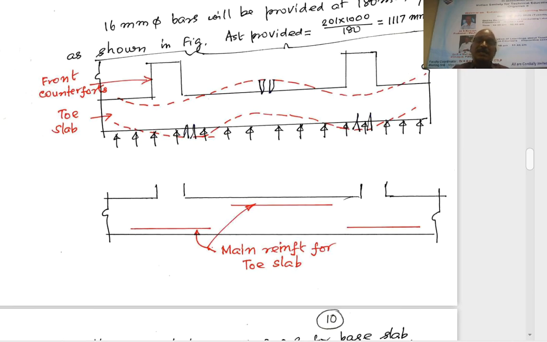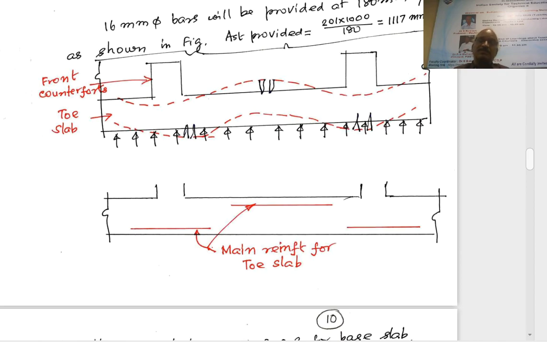This is in the longitudinal elevation, a longitudinal section. Therefore, in the cross section, these bars will appear as circles or dots. So this is the longitudinal direction. Now we'll see the cross section.